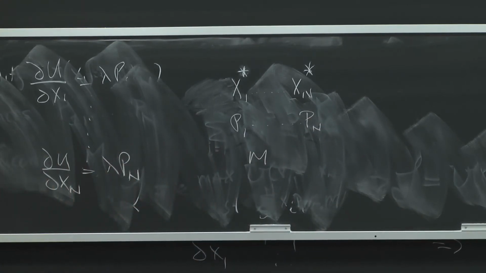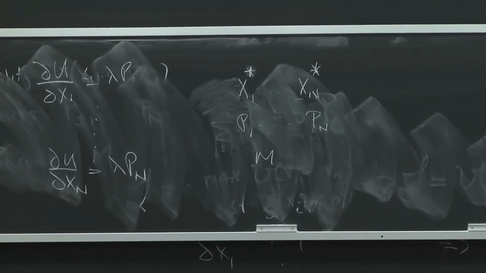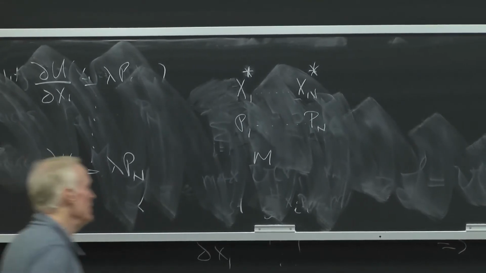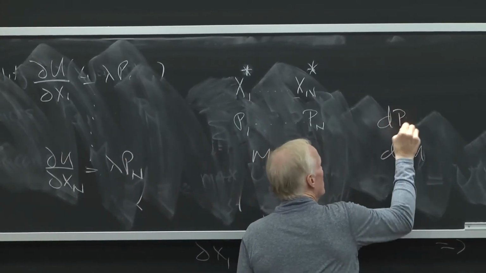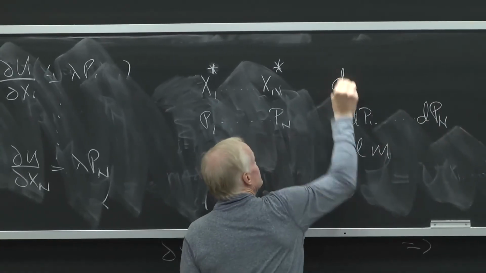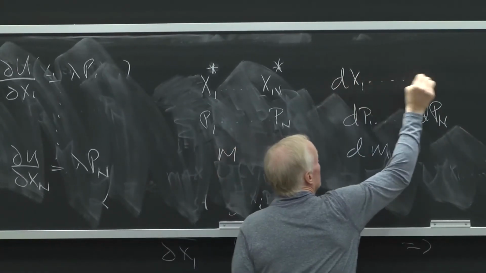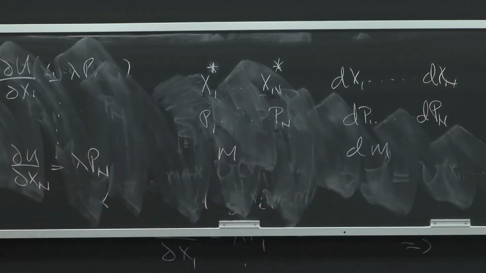And now let's assume that we perturb the market in some way. We change prices, we change income, maybe we change income and prices simultaneously. So we have dM as a change in income, dp1 up to dpn as a change in prices, and I see dx1 up to dxn are the changes in consumptions.